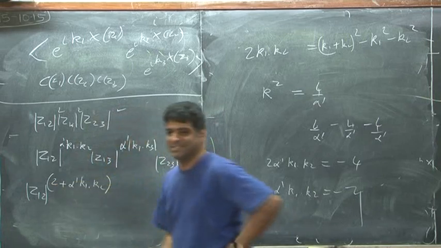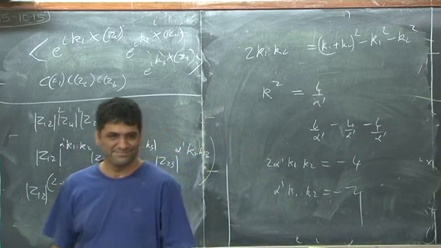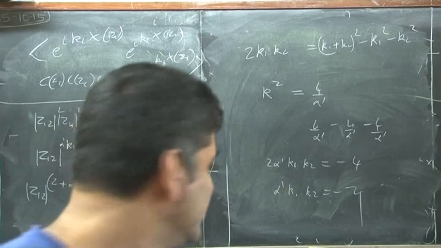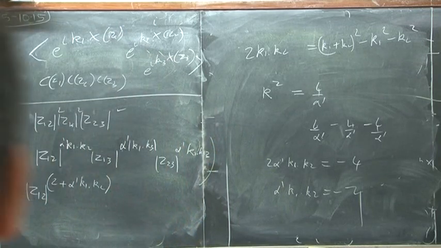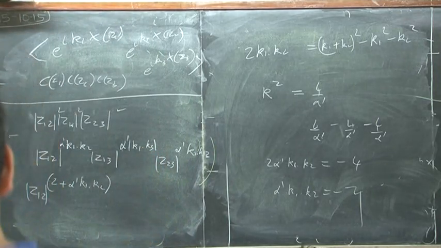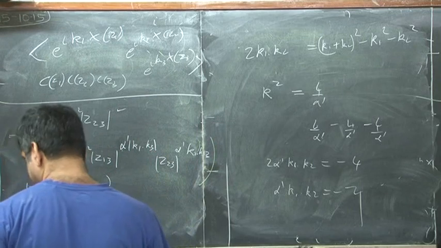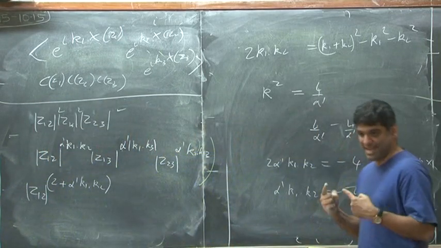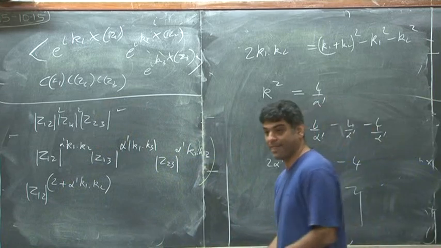So each of these powers is actually 0. Is this clear? It's just a number. This scattering amplitude is just a number.